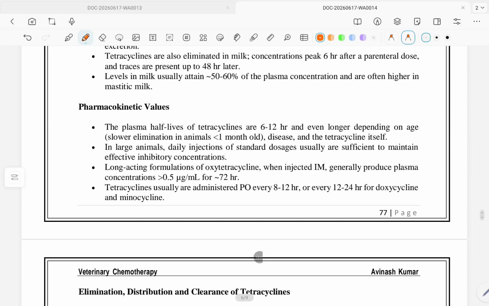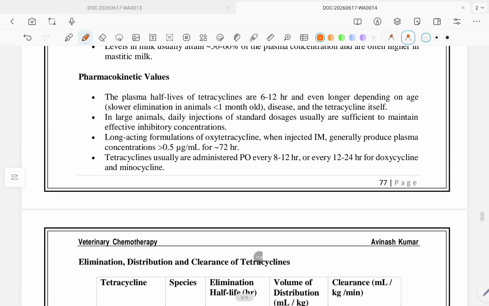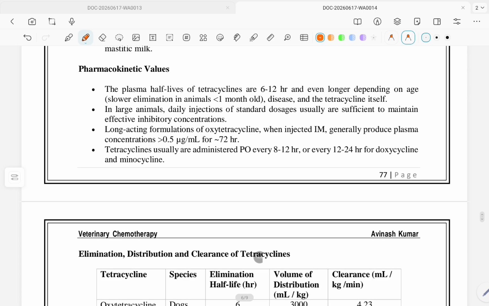Pharmacokinetic values. The plasma half-lives of tetracyclines are 6 to 12 hours and even longer, depending on age. Slower elimination occurs in animals less than 1 month old, with disease, and with the tetracycline itself.